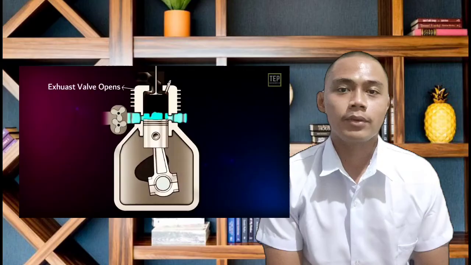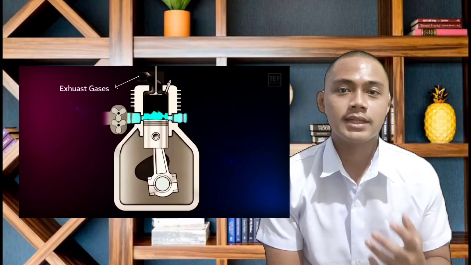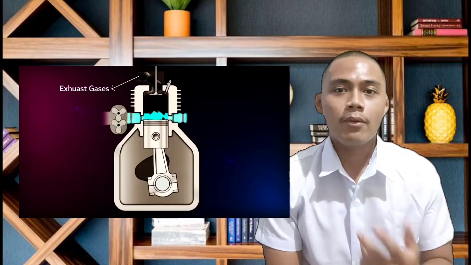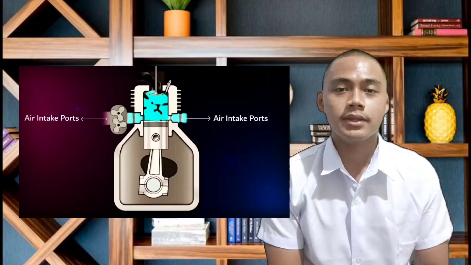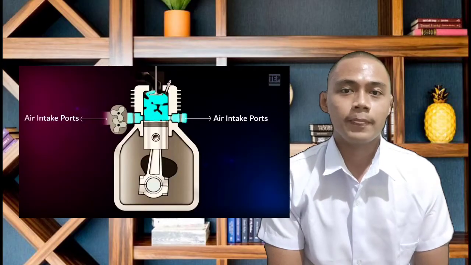Next is the downward stroke that consists of the power and the exhaust or scavenging process. The power is when the piston passes top dead center and the expanding gases force the piston down, rotating the crankshaft.